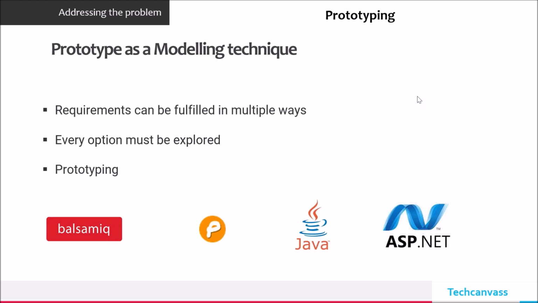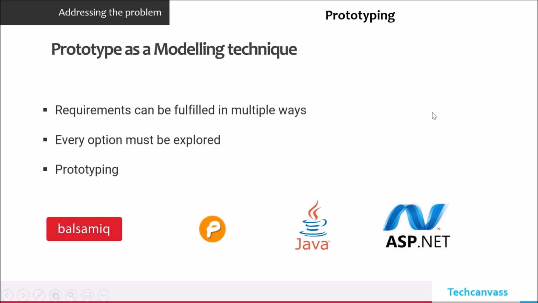So it's very easy to use prototype to finalize the system requirements directly with the business. This is one way of modeling your requirements to avoid missing out on requirements or capturing requirements inaccurately.